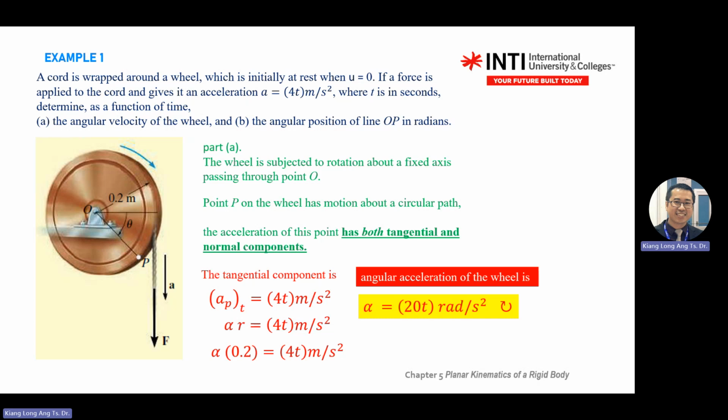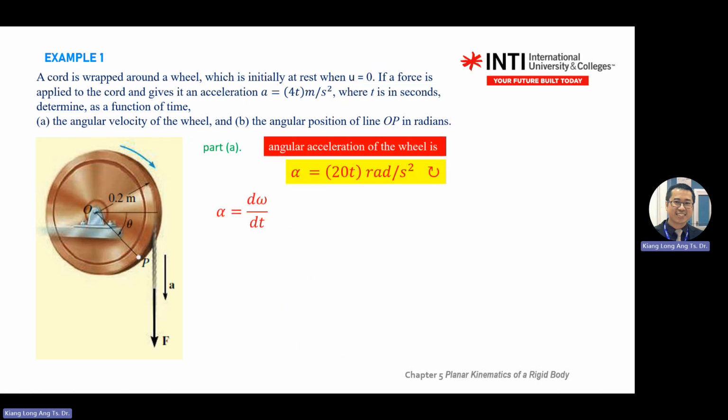And then give the direction. This 20t rad/s squared is clockwise, following the motion. You know that alpha equal to d omega dt.